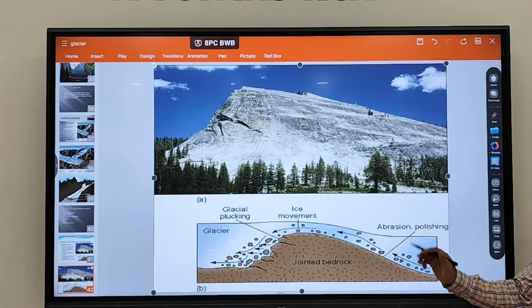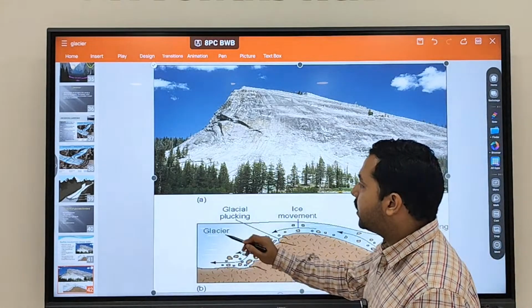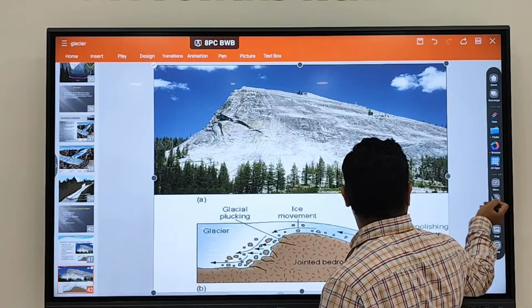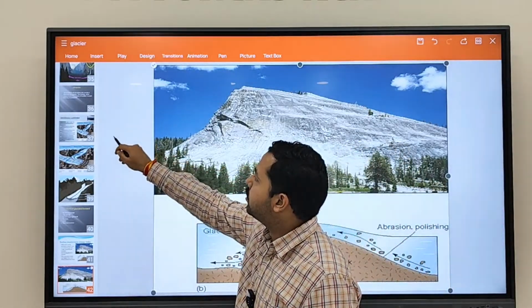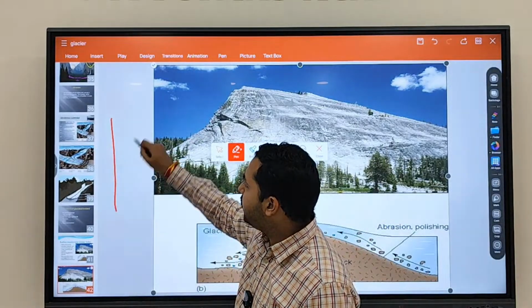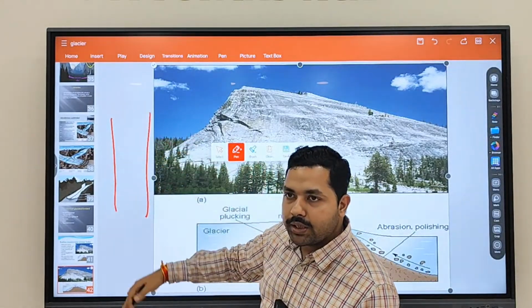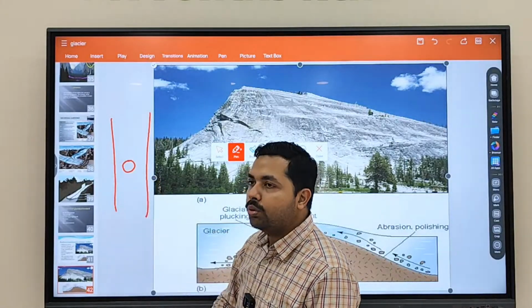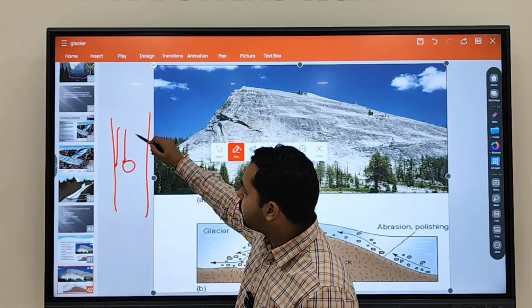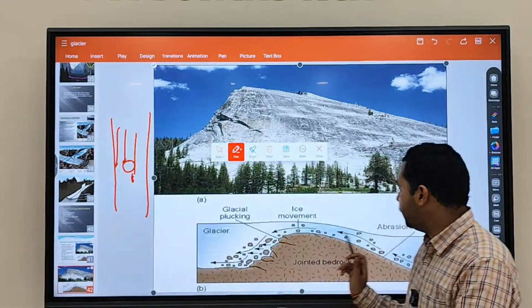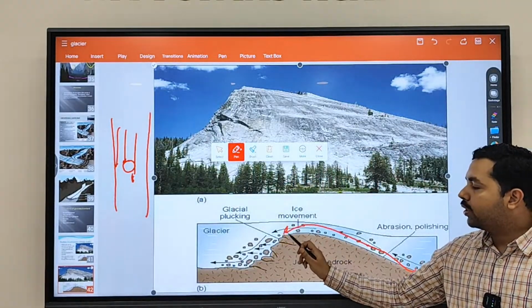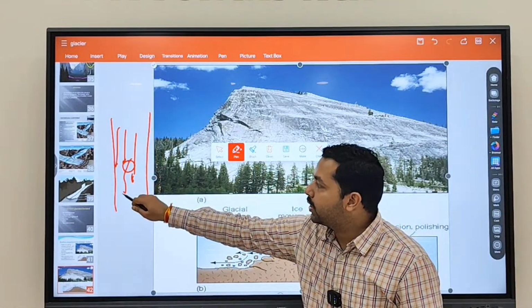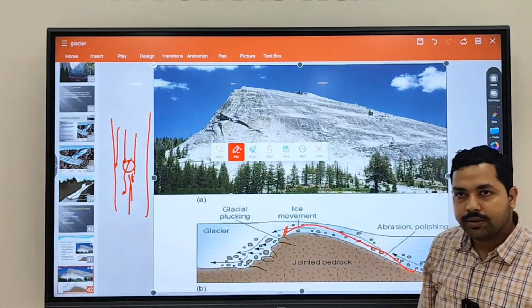Because let's say this rock is already in the path of the glacier. We discussed glacier always moves in which path? Linear path. We discussed glacier always moves in a linear path, it doesn't move in this path. Let's say already there is one rock located over here. When glacier is moving down, what will happen? Now the glacier has to move above this particular rock to come down to the other side. So that's what is happening.